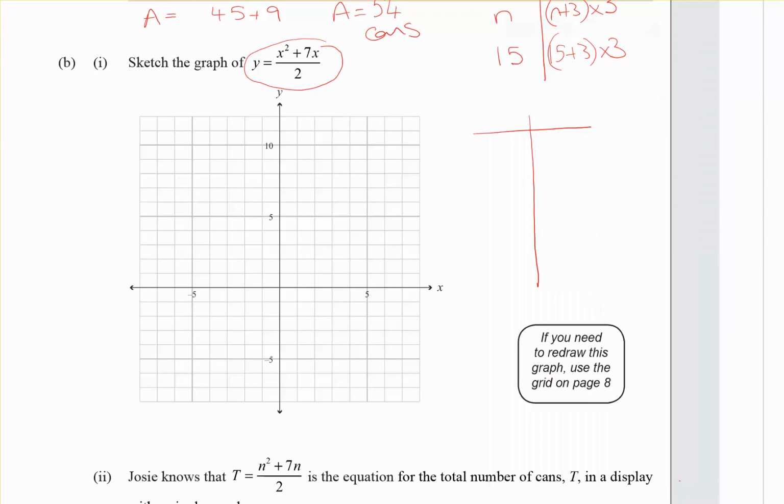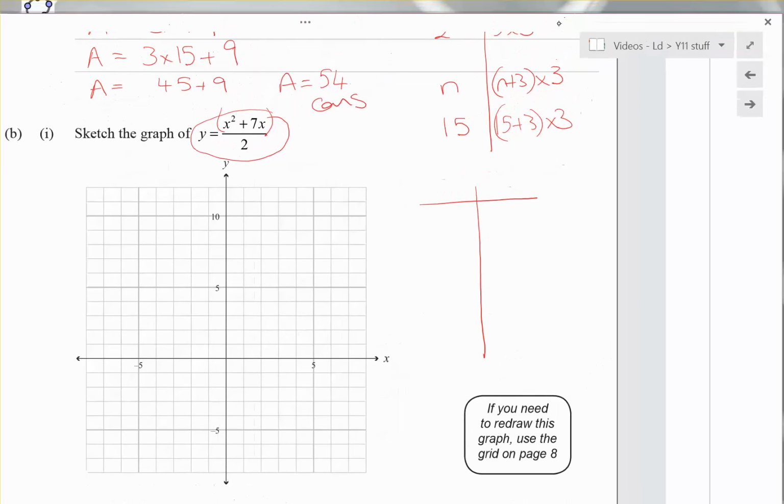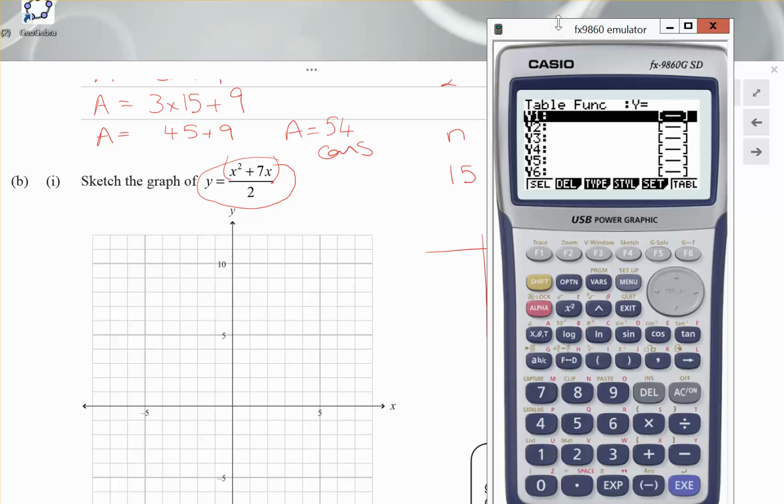Right, we're going to need brackets around that top line. So we'll put in x squared plus 7 times x. And we want to divide that by 2. Oh, and we just lost it there, so we'll put it in again.